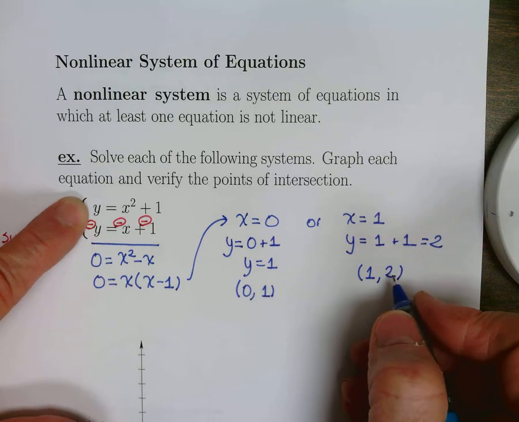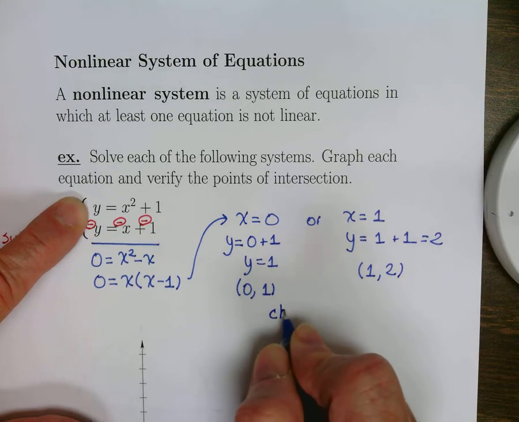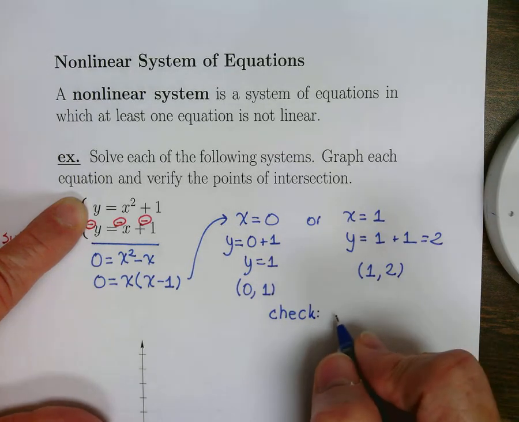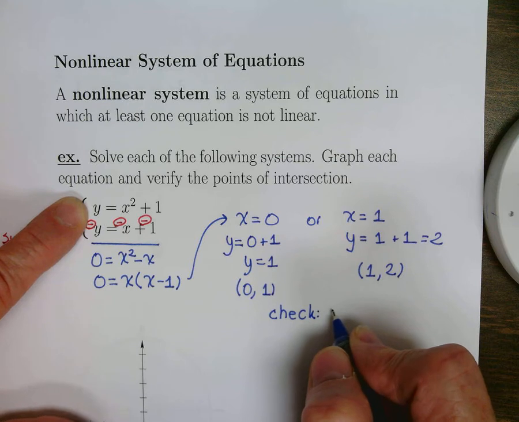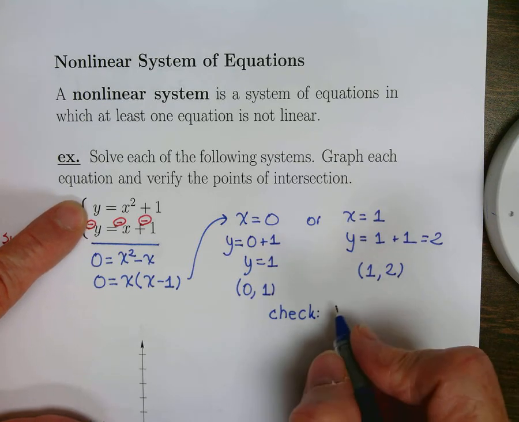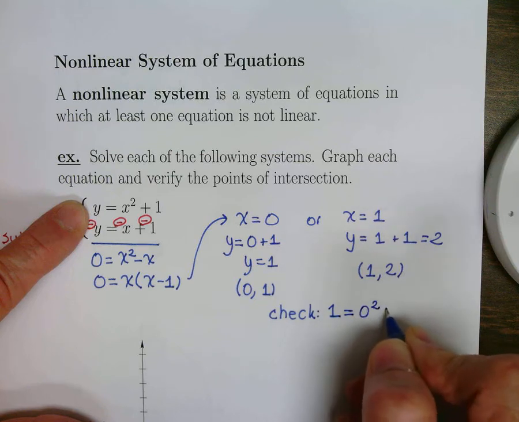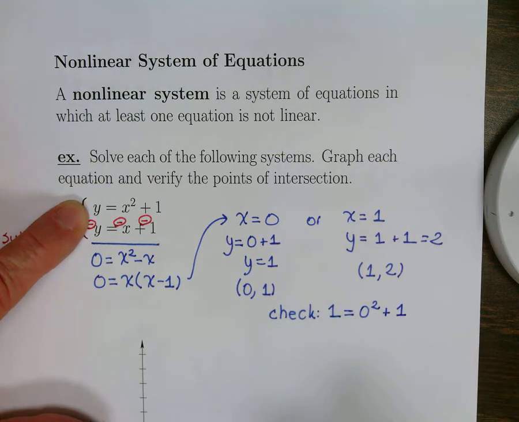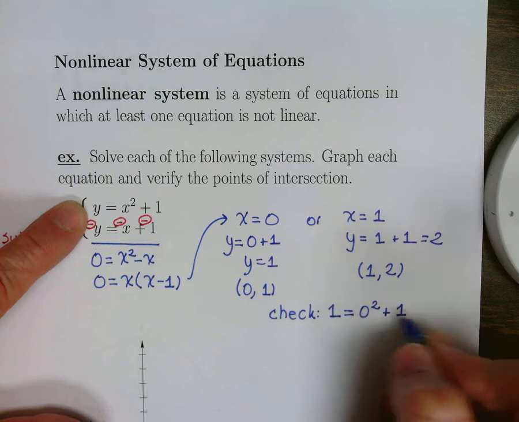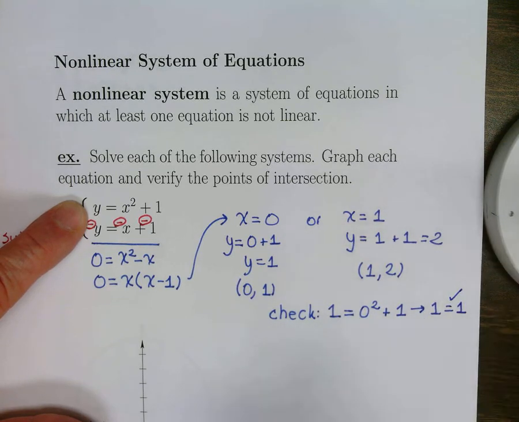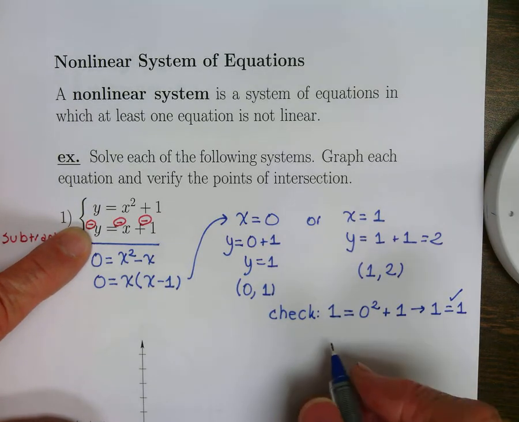Now I want to check. Let's check by plugging into the second equation. If I plug in 1 for y and 0 for x, do I get a true statement? Yep. So it checks in equation 1.